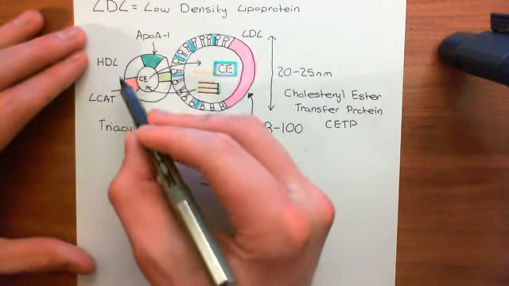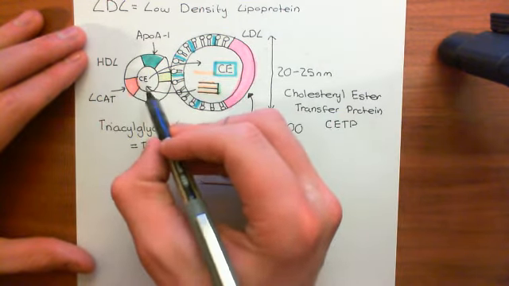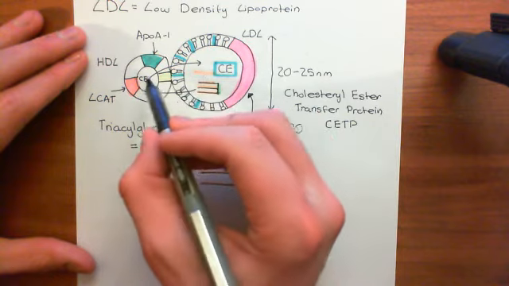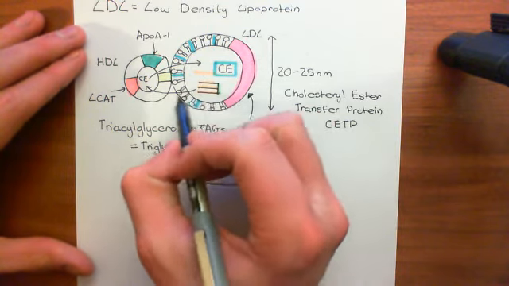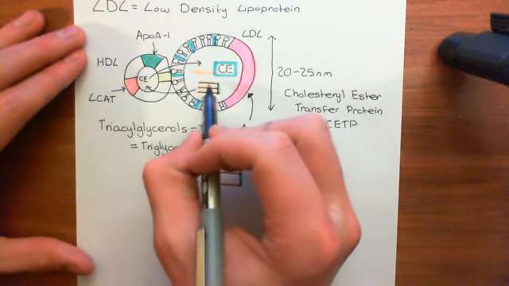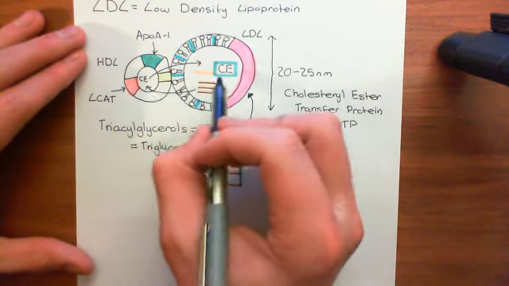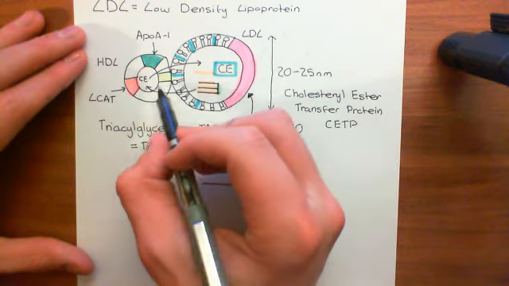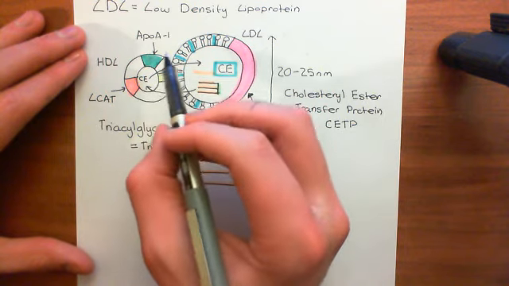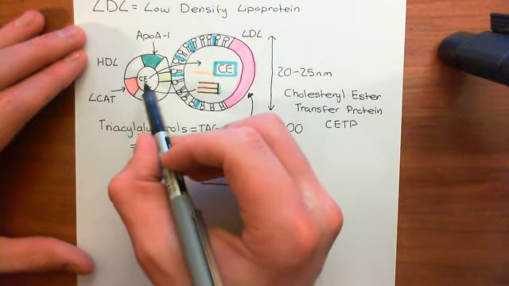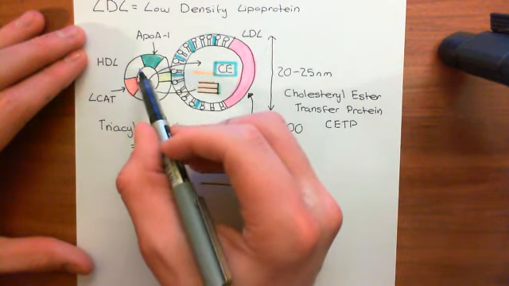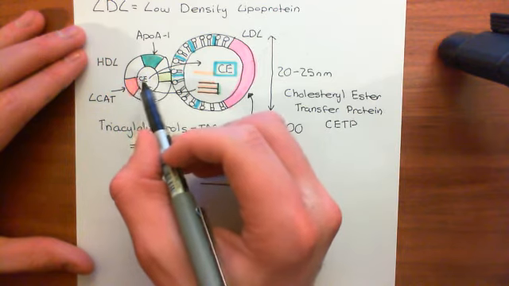Okay, so high-density lipoproteins can therefore give away their cholesterol esters to LDL molecules in exchange for triacylglycerols which come from the LDL molecules. Right, so the HDL particles have got these cholesterol esters from cells which are overloaded with cholesterol.